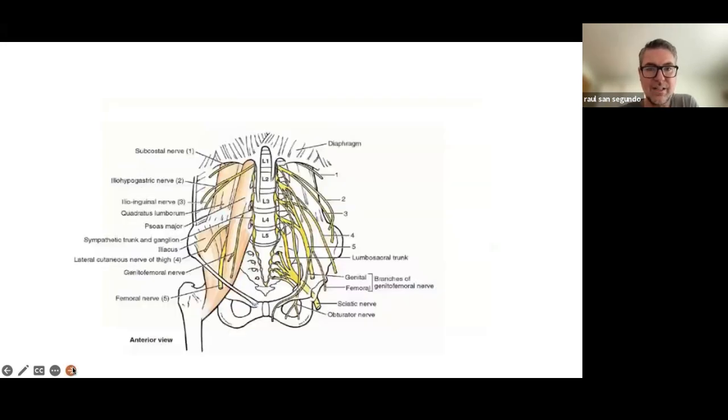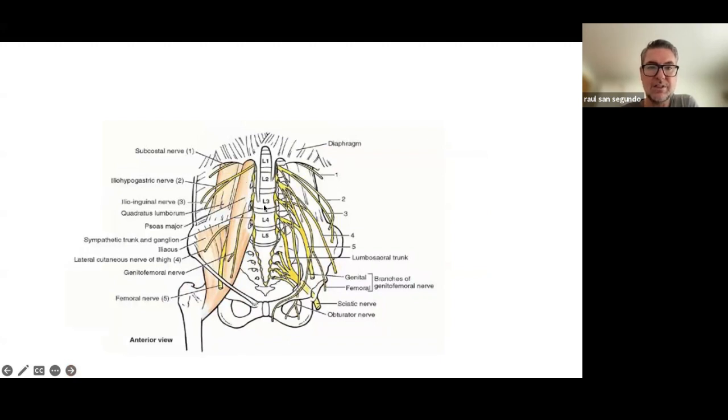Okay, that's great. We've also got some connections that the psoas major has with some lumbar nerves here, with the genitofemoral nerve here.